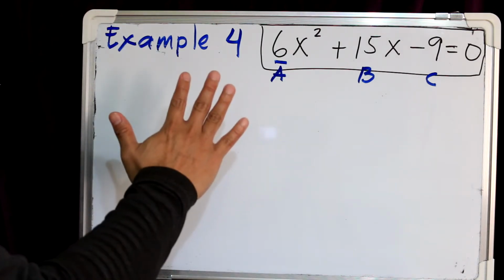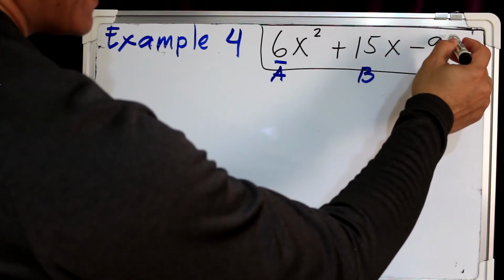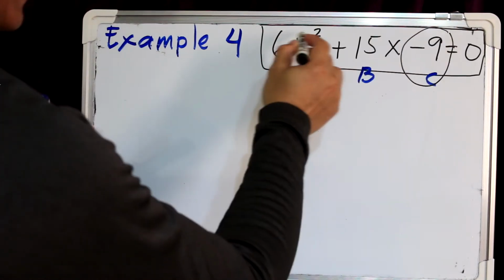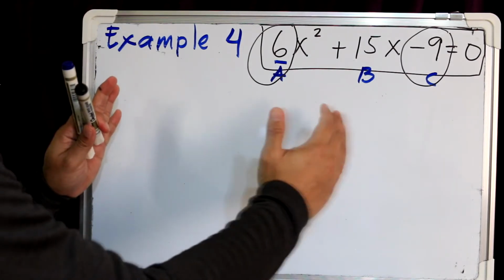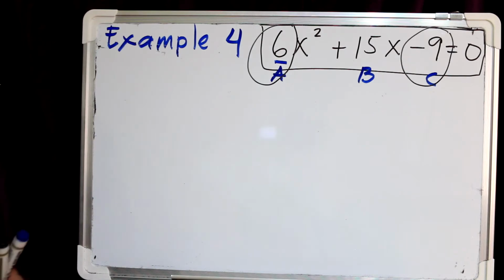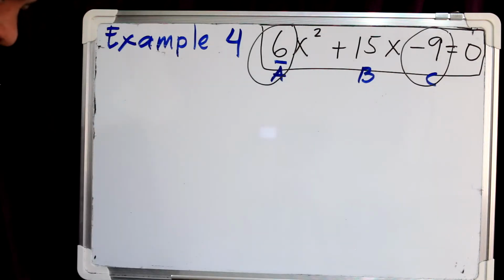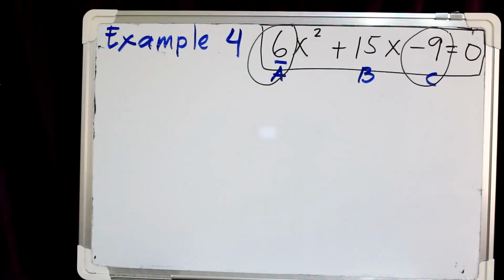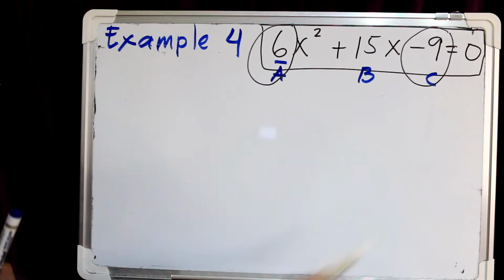For this case, what we are going to do is focus on factoring 9 and 6, because they are at the last terms. So we are going to focus on this 6 and the minus 9 there.